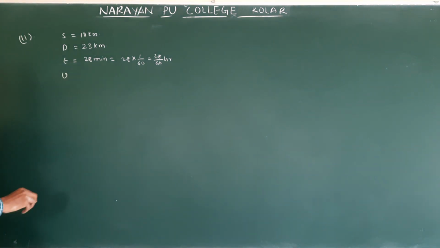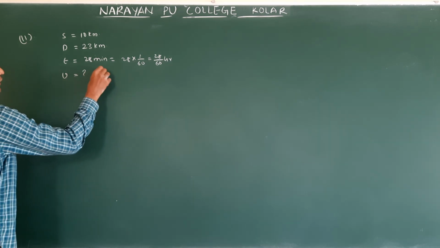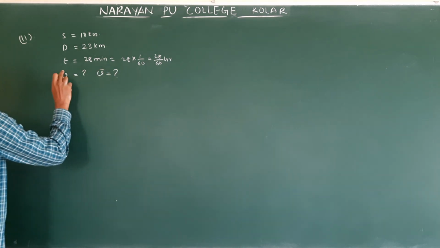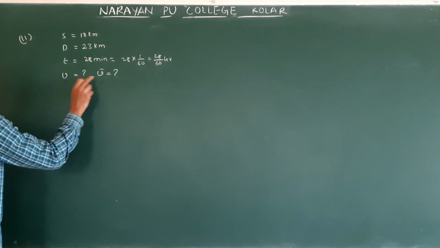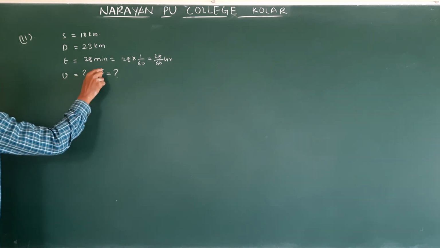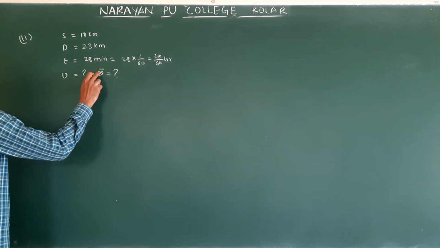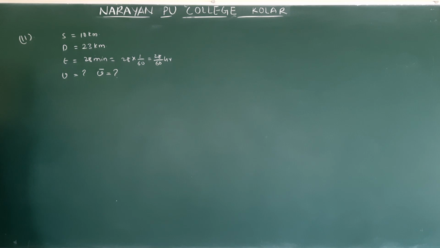First we will find the average speed. We will use V for both, but to show the difference, for average velocity I am drawing a line over V. For average speed in this question, no line.